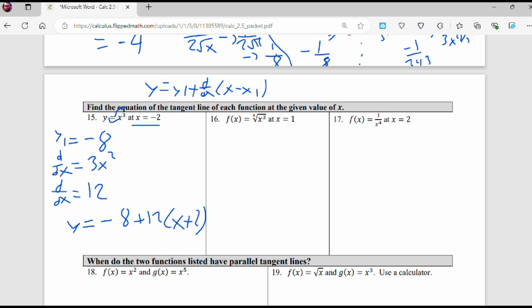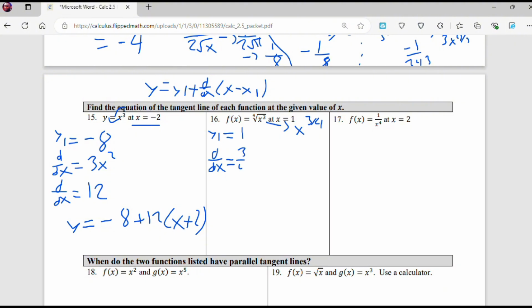Next question. f of x equals the 4th root of x to the third at x equals 1. Let's find our function value. y1 is equal to the 4th root of 1 to the third. 1 to the third is 1. 4th root of 1 is 1. Now dy/dx. We have the 4th root of x to the third. Turn that into an exponent, and now we can use the power rule.